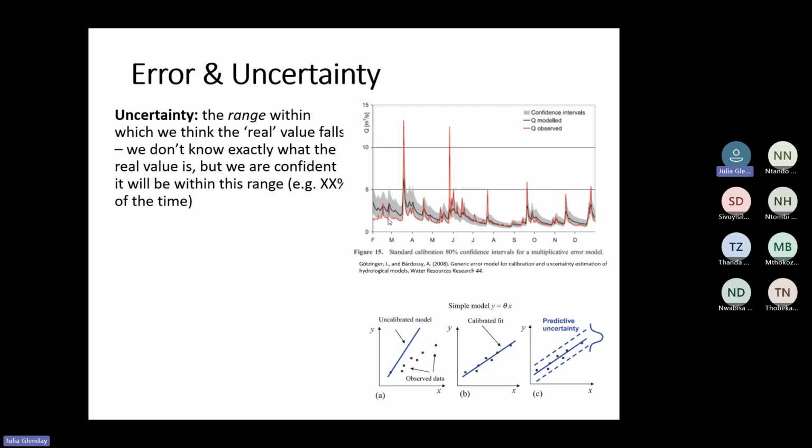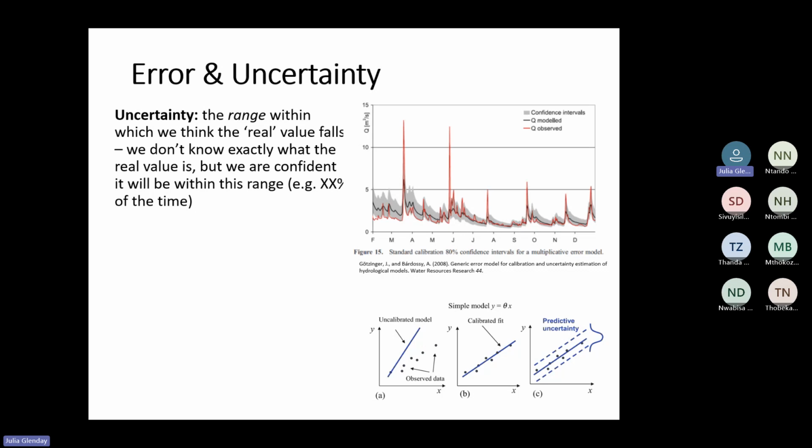And so they looked at what ranges of parameter values they could input that would create this uncertainty range where the observed, that red line, is within that band 80% of the time, because the model is an imperfect representation of reality. You're never going to get those two lines to fit exactly, unfortunately, because of errors in the input data, errors in the way the model calculates things.